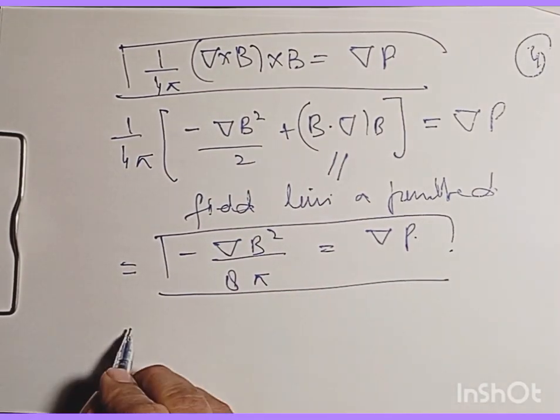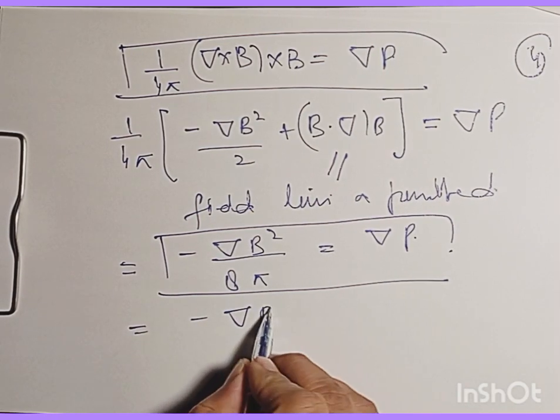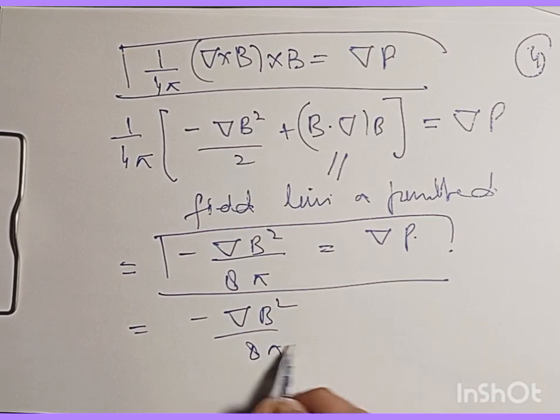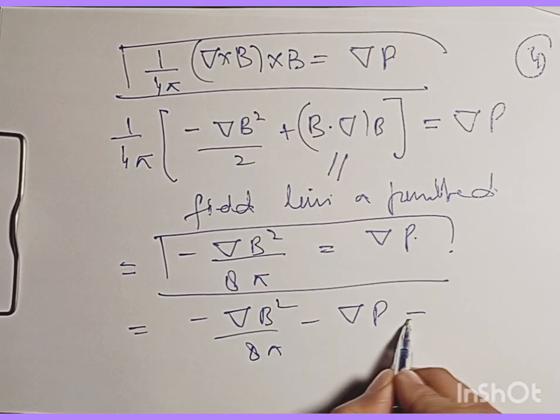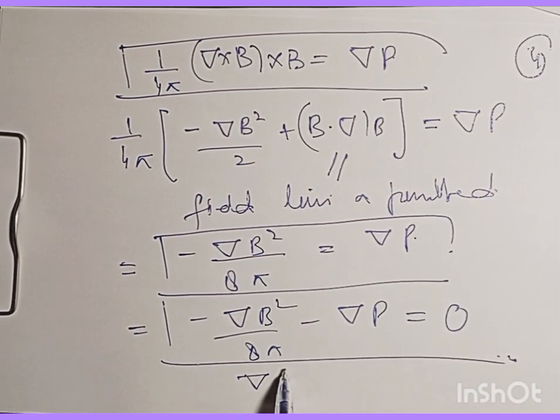So if I bring it back down, what I'll get is minus del B square by 8 pi minus del P is equal to 0. Fine, nothing wrong with it. So I can have del outside.